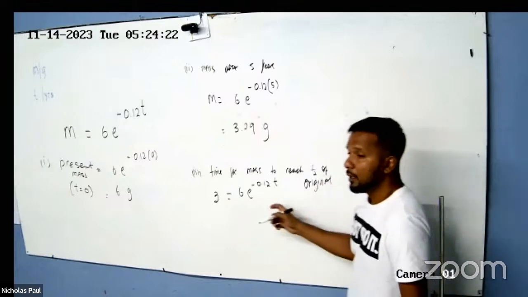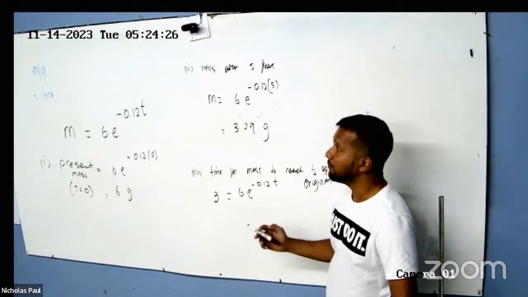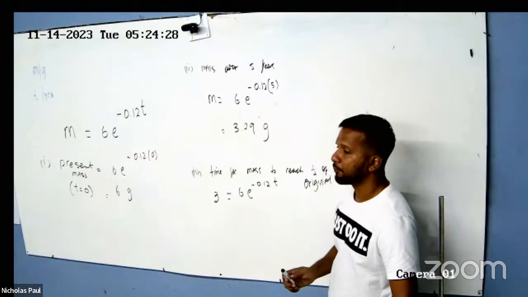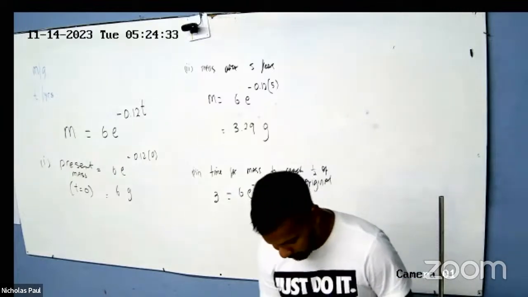Where are we solving for now? Solve for t. How are you going to solve for t? Go ahead, have fun. Do that part.